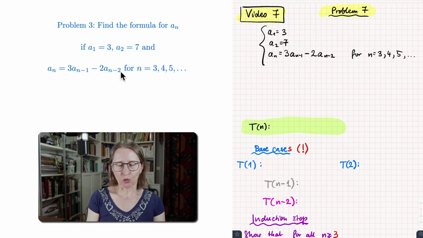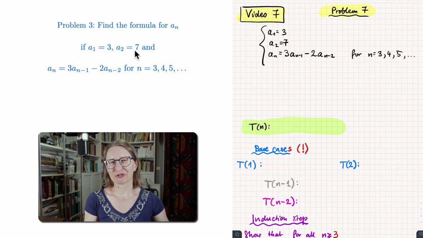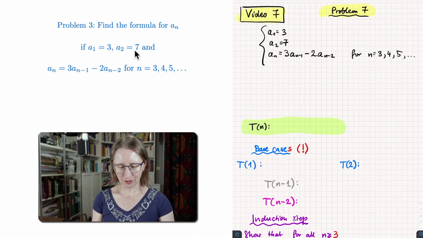Okay, so now you know how this sequence is defined, and first we will have to try to guess the closed formula for this sequence, starting from this recursive formula, and then we will have to prove this closed formula. Okay, so let's start.